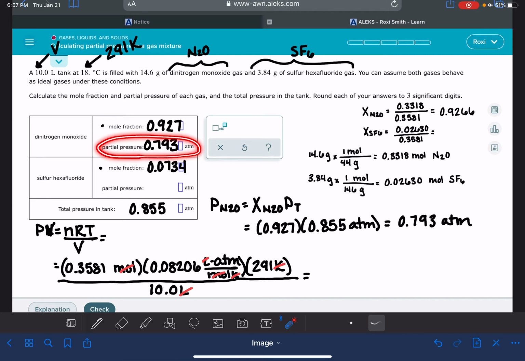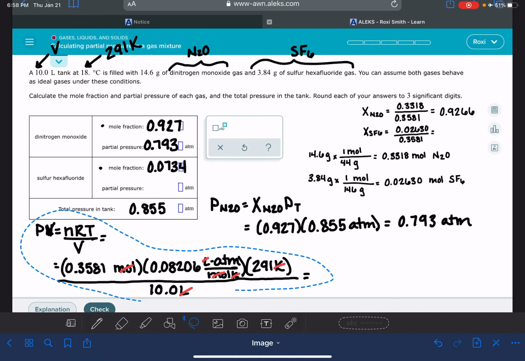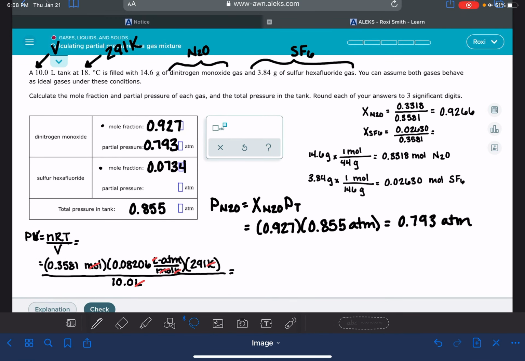For the partial pressure of sulfur hexafluoride, we could calculate that by using Dalton's law. The partial pressure of this gas and the partial pressure of this gas has to add up to the total pressure. Same kind of thing that we could have done with the mole fraction. But just as a way of double checking our work, I suggest that we calculate the partial pressure to make sure that we're doing all of our calculations correctly. The partial pressure of SF6 is the mole fraction of SF6 times the total pressure.